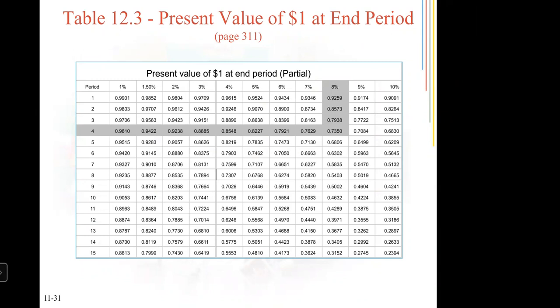So what you want to invest today is going to be less than what you want to achieve in the future. Therefore, the values on that table are going to be less than 1, because what you have to invest today is going to be a lower amount than what you want to achieve in the future. So these values all are going to start with 0 point.